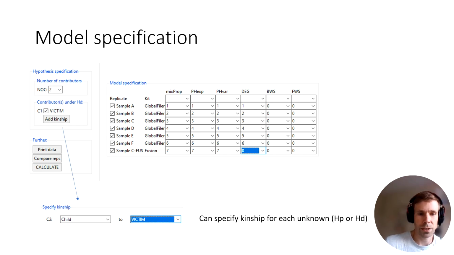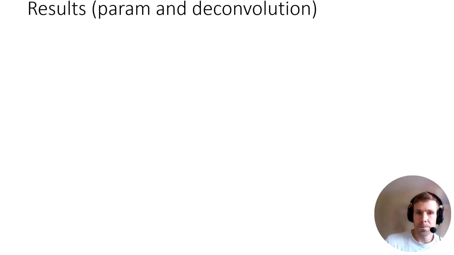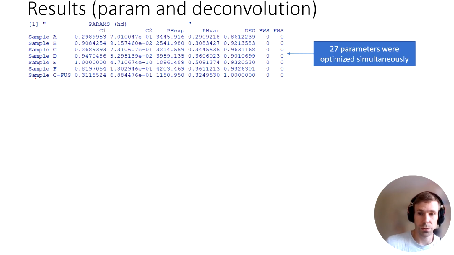Additionally, we assume that one of the unknowns is a child of the victim. And we assume 2 contributors. As a result, we obtain a lot of different parameter estimates. In total, 27 were optimized simultaneously.